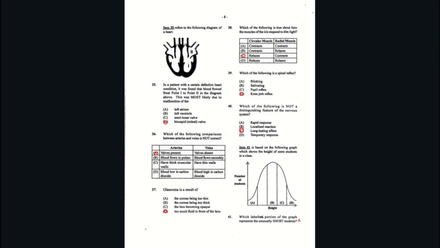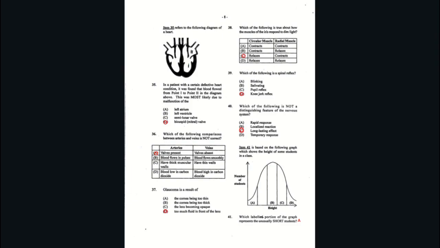Number 40 says, which of the following is not a distinguishing feature of the nervous system? Basically, this question is asking what feature the nervous system does not have. Rapid response is completely out because the nervous system works very fast. Localized reaction, we know that's true also.